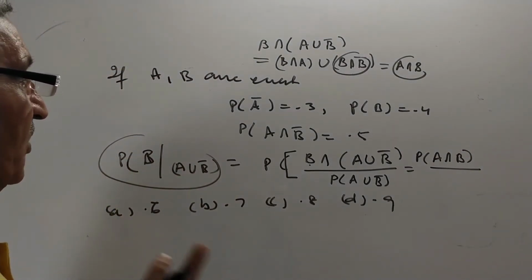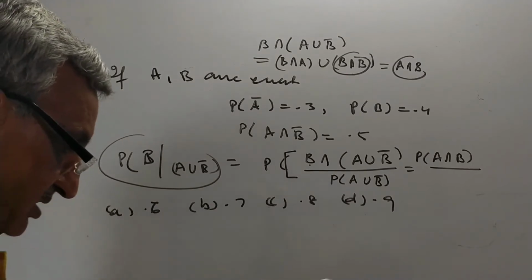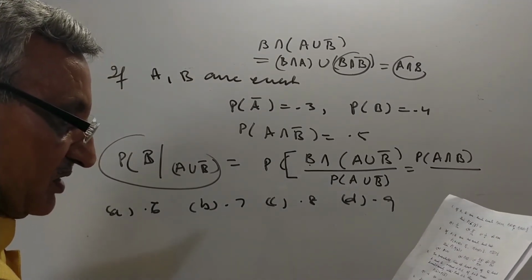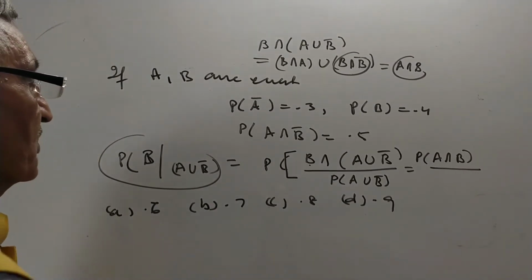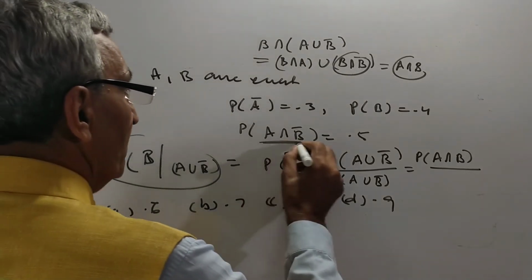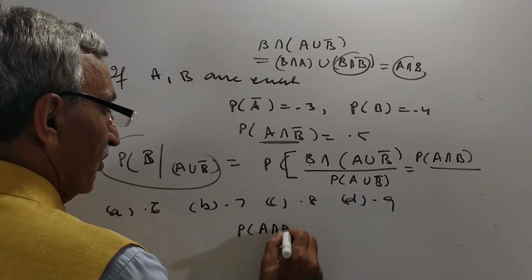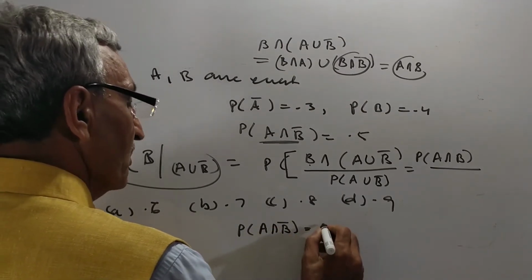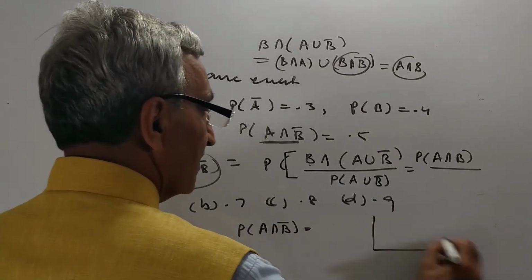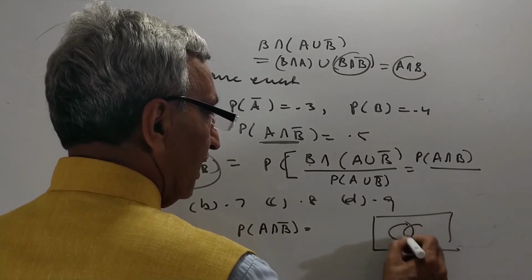Well, friends, what I am going to do is two events, probability of this, हमारे सवाल में ये आ गया. What is the probability of A and B not equal to? We are talking about A and B not.